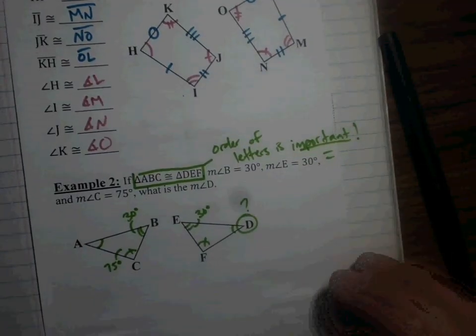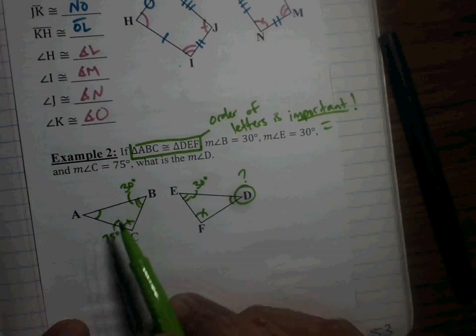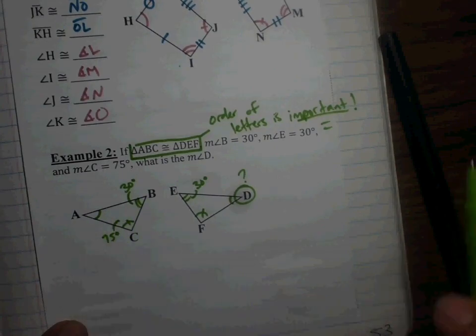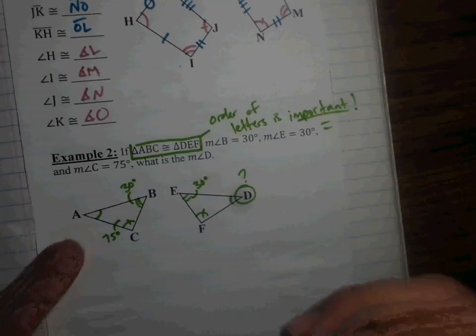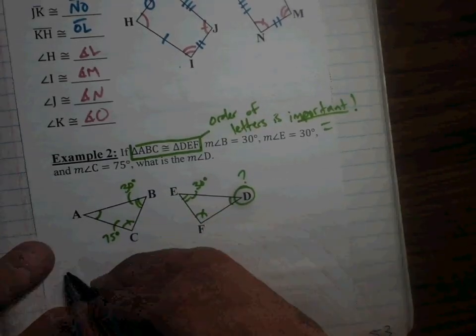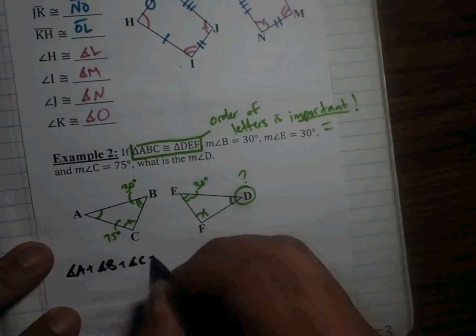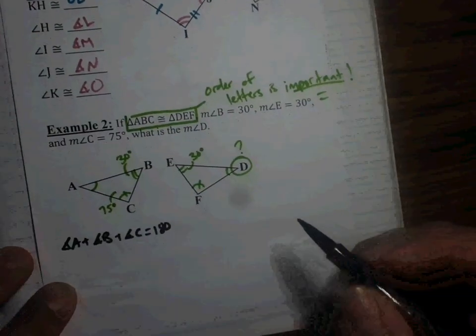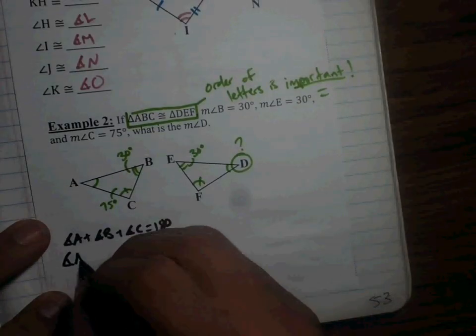Okay. So to solve for this, we do know that we at least have two angles here, which helps us out, right? So let's at least solve for A. To solve for A, we know that this is a triangle, so angle A plus angle B plus angle C is going to equal 180 degrees. We don't know what A is.